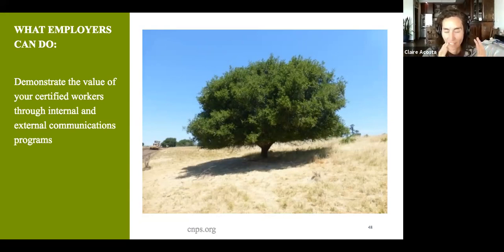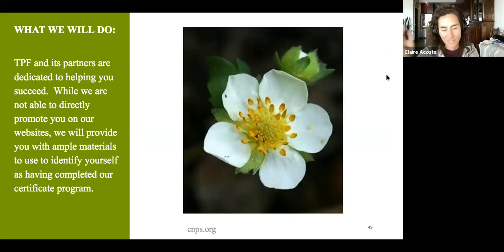It can only certify individuals. So if you have folks that work for you that are certified, you can advertise that on your own communications, like social media profiles, that you have certified native plant landscapers, but they can't currently certify entities.